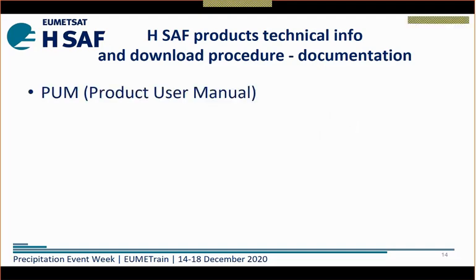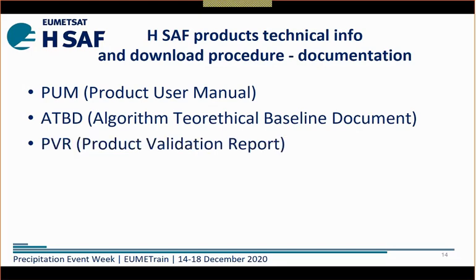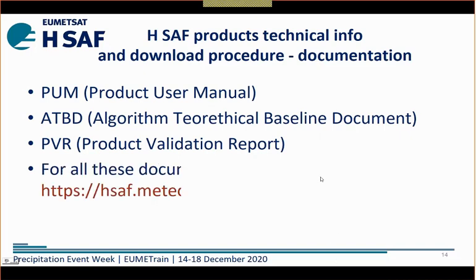Documentation. For all the products I listed here, you have three kinds of documents: the product user manual, a manual having the theoretical approach to the algorithm used, and the report about the product validation. All these documents are available through the H SAF website.